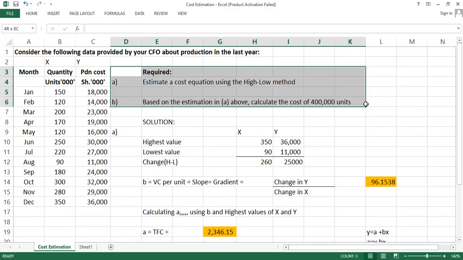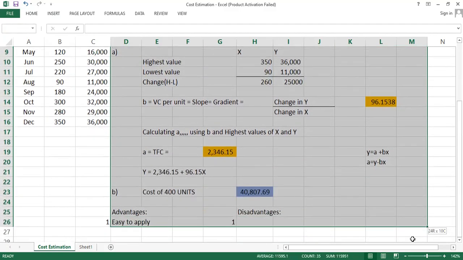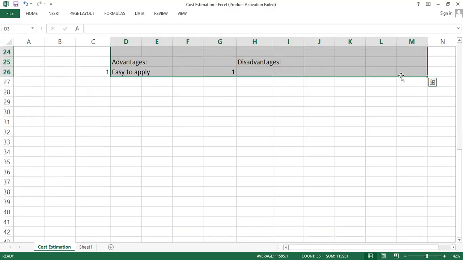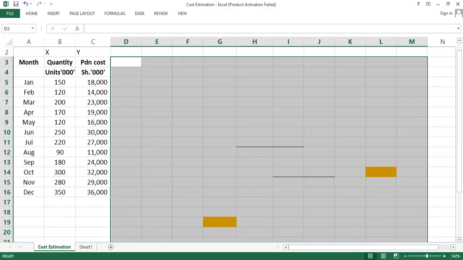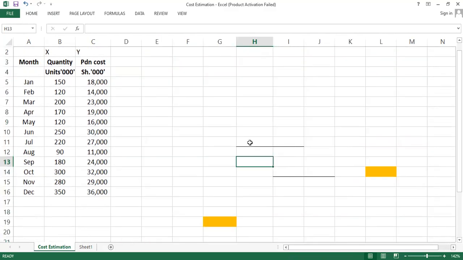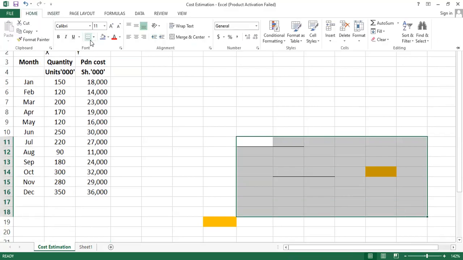So somebody to remind us, how does the regression approach normally work? How does regression analysis normally estimate costs?